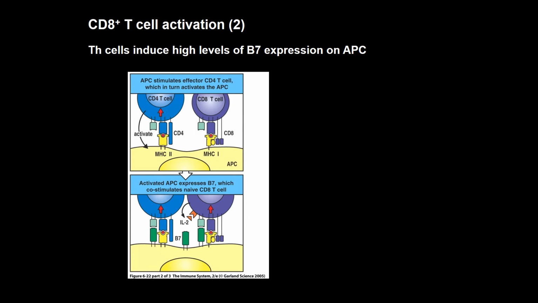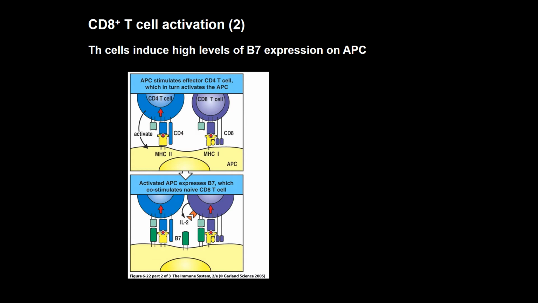There's no real B7 on the surface in this cartoon. However, if you have an effector CD4 T cell, one that has been through the first stage of differentiation and has already been activated, it's now able to recognize a molecule expressing MHC class 2, also presented on that same dendritic cell, and it could stimulate the dendritic cell directly to express high levels of B7.